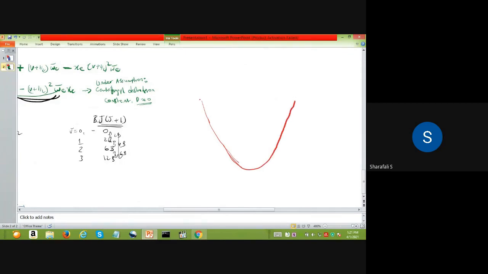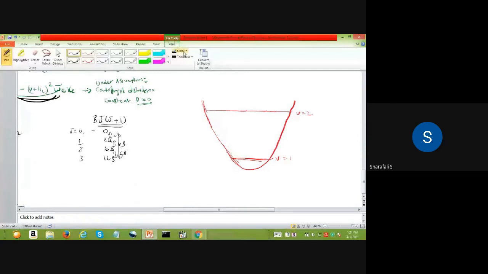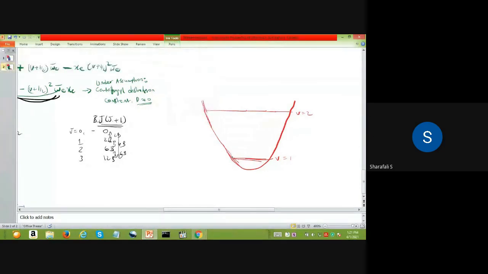If you are looking for a realistic scenario, and if you consider your V equal to 1 somewhere here, and your V equal to 2 somewhere here, the rotational energy levels will be coming very close to this. This will be the first one, this the second one, this the third, this the fourth, this the fifth, and so on.